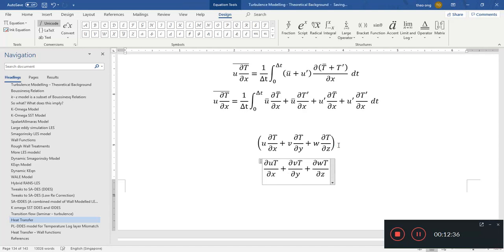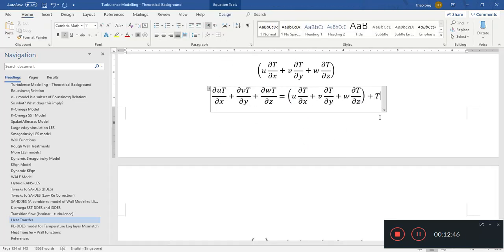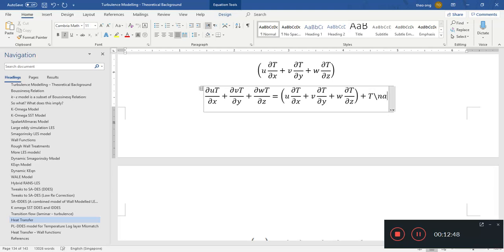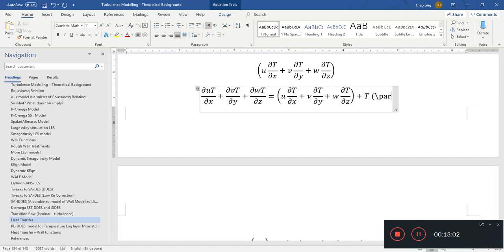So this will be equal to, of course, this bit here, plus this. Now, let's put it this way, partial u_i partial x_i.